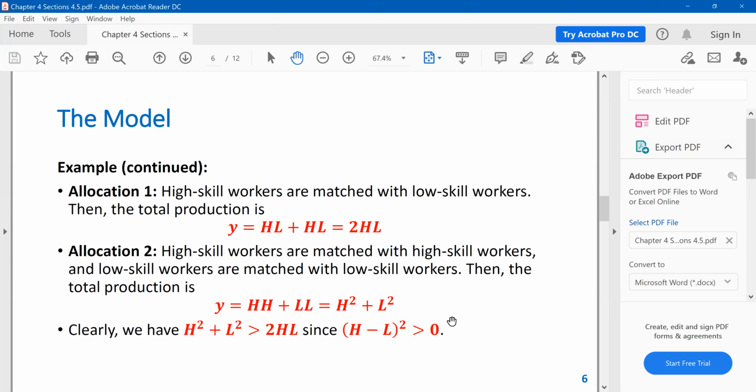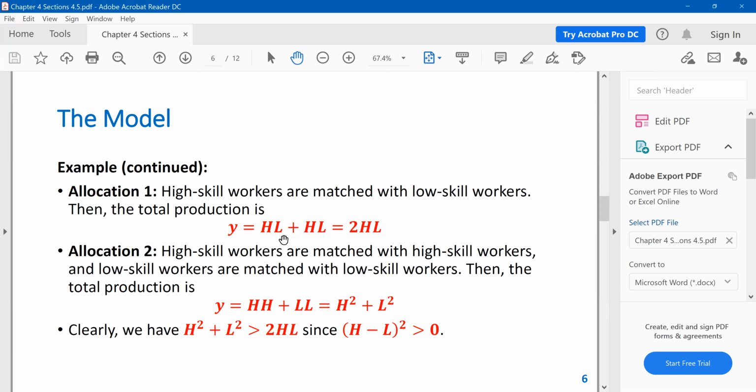Okay. In the first allocation, we assign high-skilled workers with low-skilled workers. Okay. We match high-skilled workers with low-skilled workers. So what happens? Well, if I match a high-skilled and low-skilled worker together in one production cycle, production is equal to H times L, right?